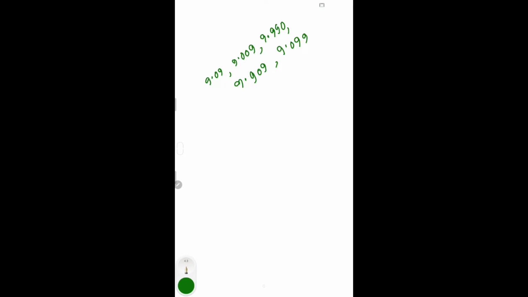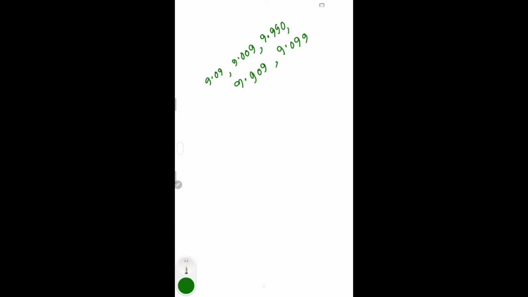Descending order means the bigger number must be at the beginning and the smallest number at the end. So we have to find the biggest one and the smallest one and those in between. How can we find the biggest number?